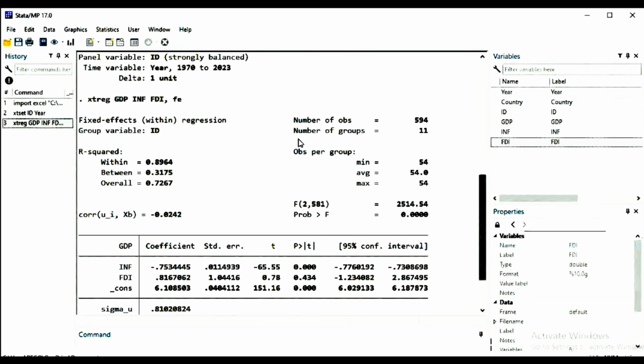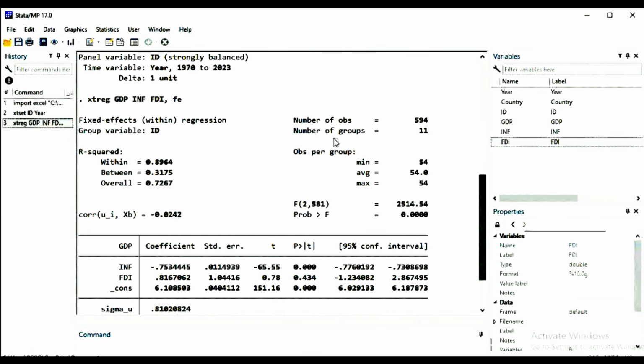Regarding the panel structure, we have the number of groups here. The number of groups is 11. That means the number of cross-sectional units in the panel. Obviously, we have 11 African countries in our panel.